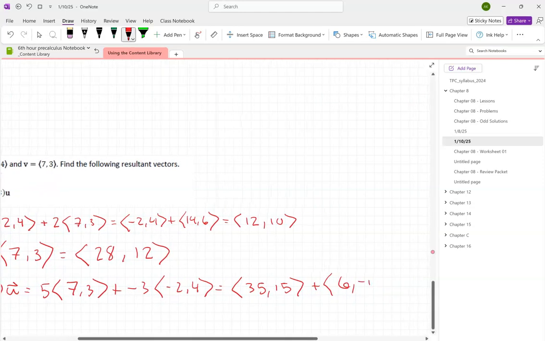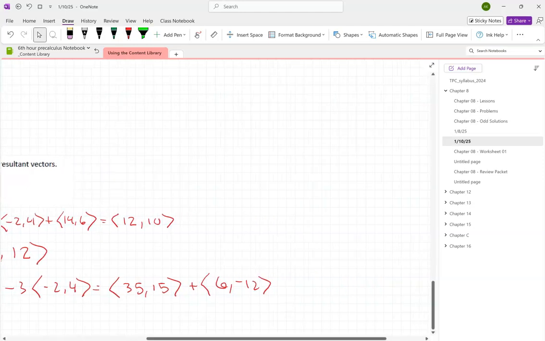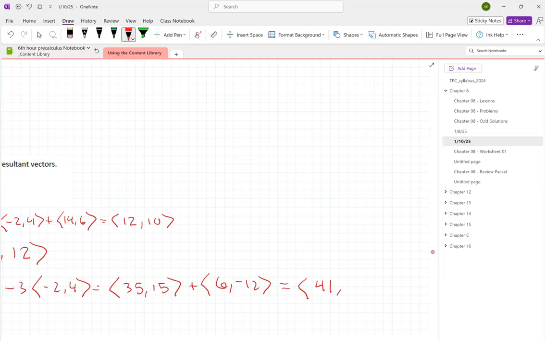And -3 times +4 is -12. And then I can just add the components. So the x components, 35 plus 6 is 41. And if I add the y components, 15 plus negative 12 is 3. And we're done.